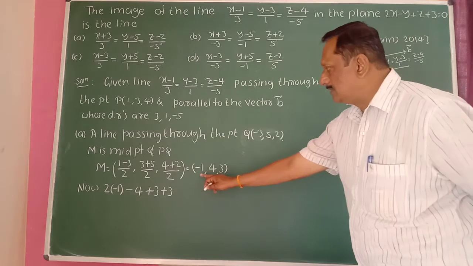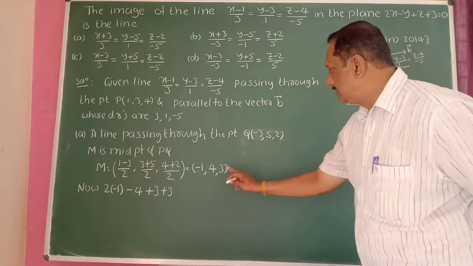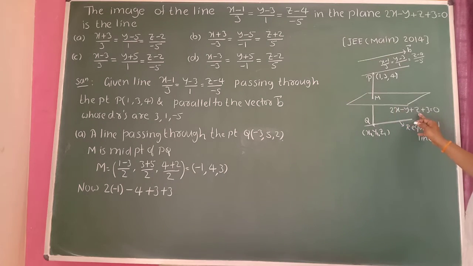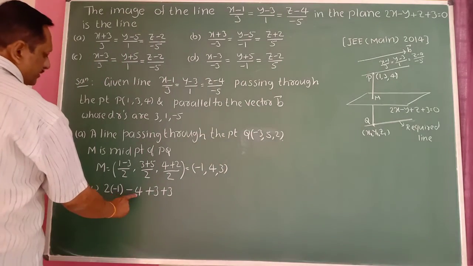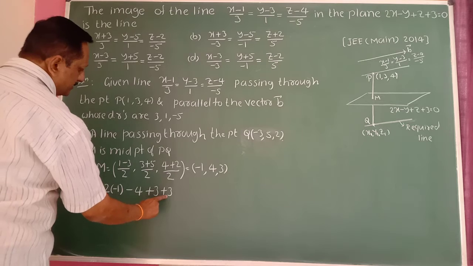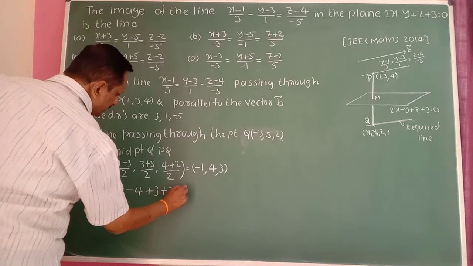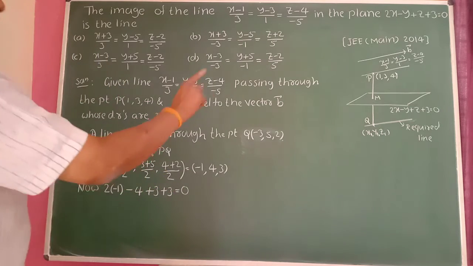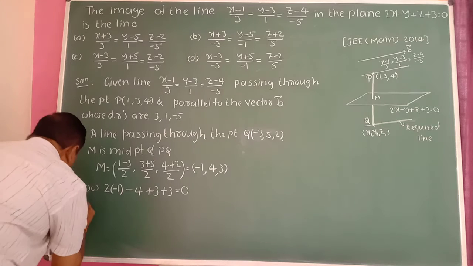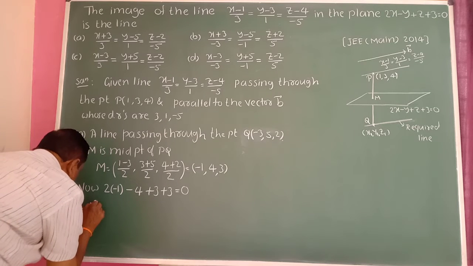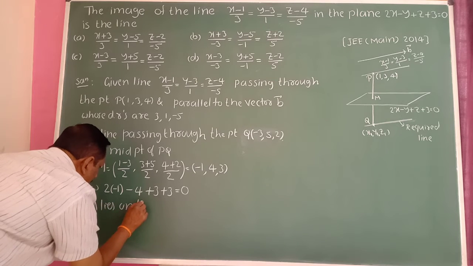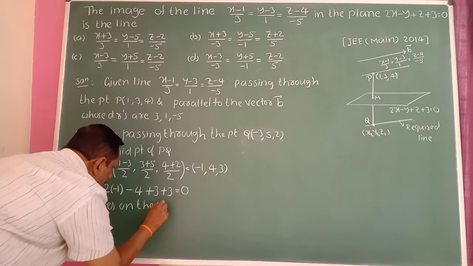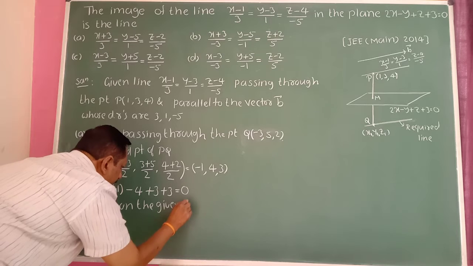Then simplify: 2 times minus 1 is minus 2, minus 4, plus 3, plus 3. Minus 2 minus 4 minus 6, plus 3 plus 3 is 6, and 6 minus 6 becomes 0. Therefore, M lies on the given plane.